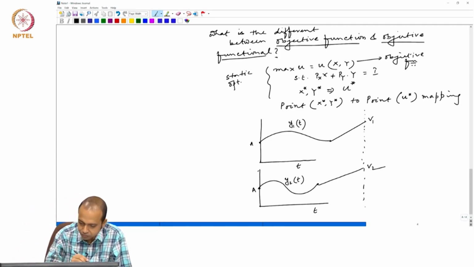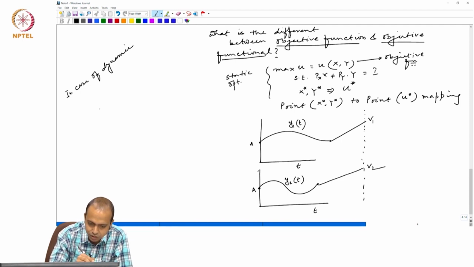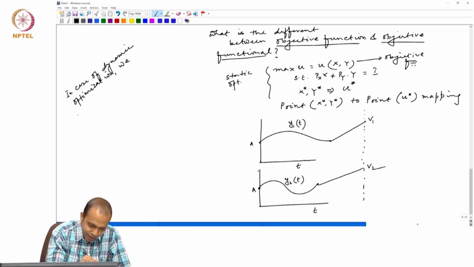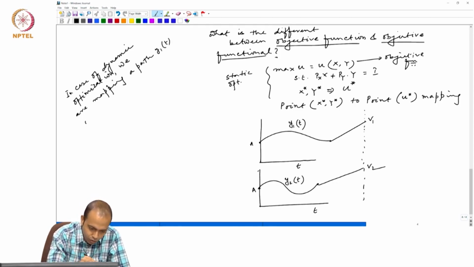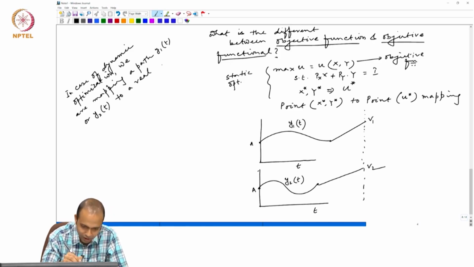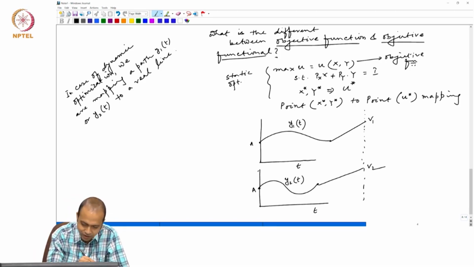So, in case of dynamic optimization, we are mapping a path, either y1 t or y2 t, to a real line, which is basically V.